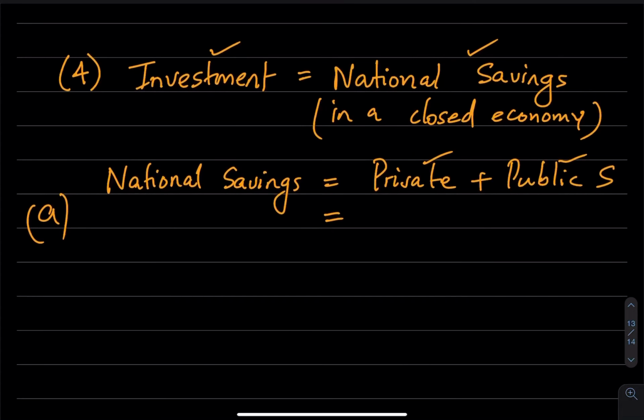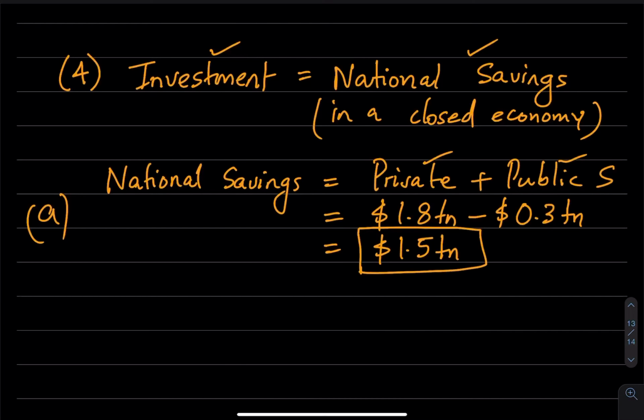Private savings were $1.8 trillion and public savings were negative because the government was running a deficit of $0.3 trillion. And so your national savings would be $1.5 trillion.